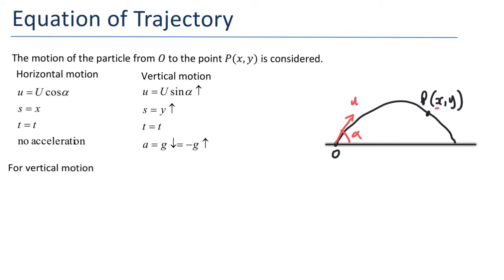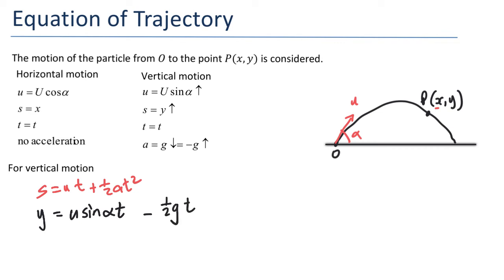So for vertical motion, s equals ut plus a half at squared. Substituting in, we have y equals u sine alpha t minus a half g t squared. And we're going to call that equation 1.